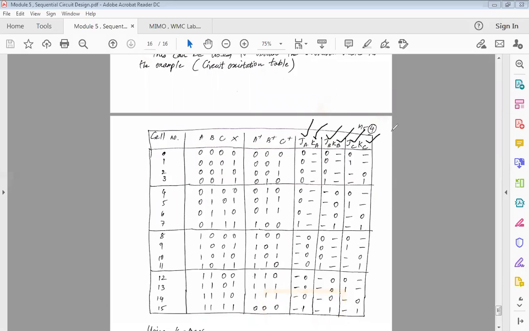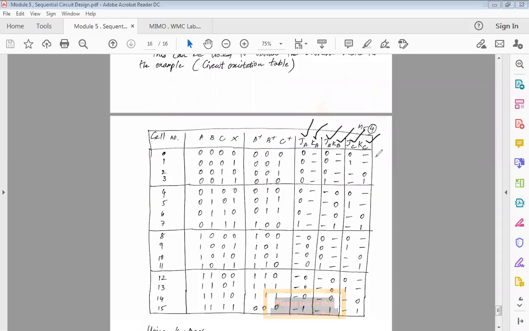Now, what I want you all to do is just complete this table. Complete this table and come out with equations for JA, KA, JB, KB, JC, KC. Come out with equations for this, and we will continue our discussion as to how this can be implemented. Any doubts up till here, students? Any doubts, please ask.